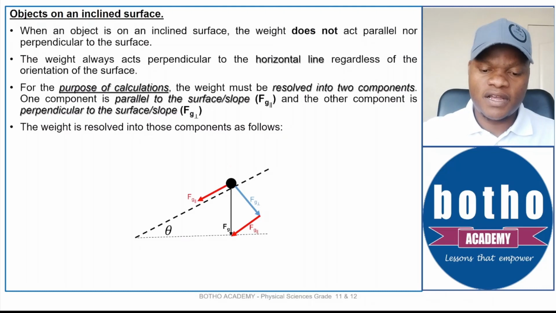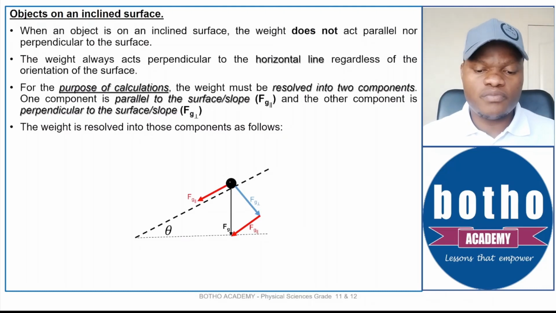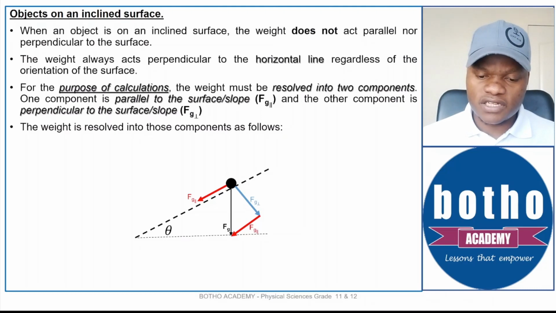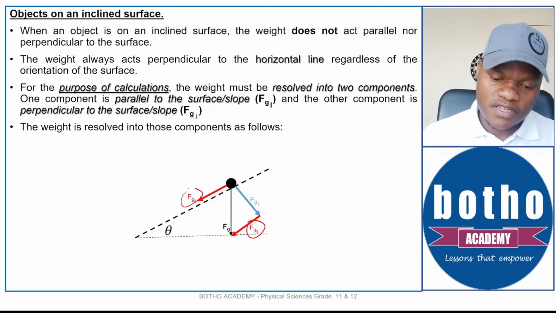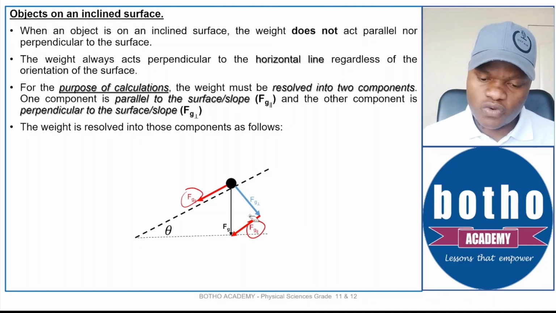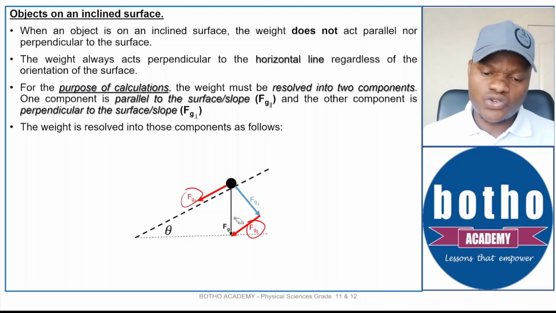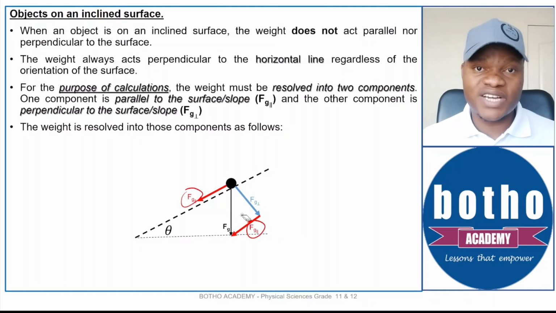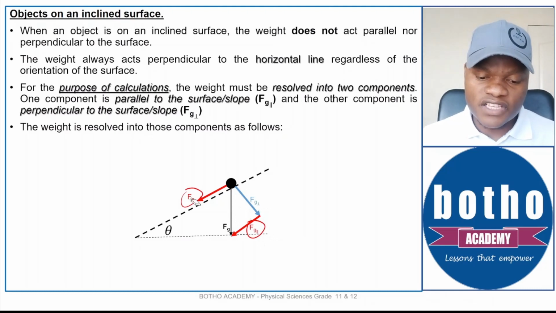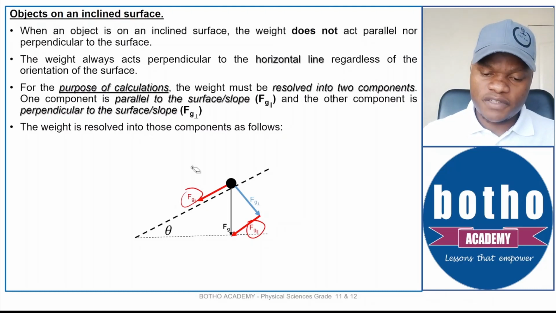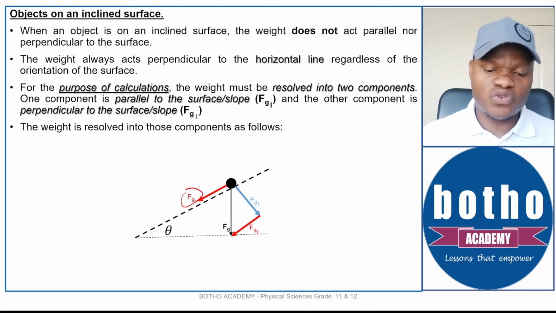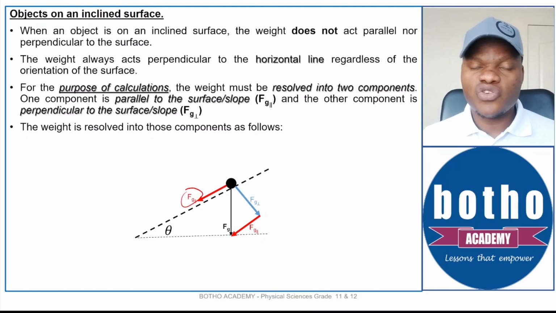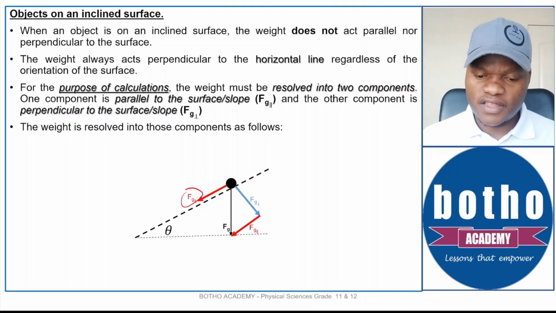That's your FG parallel, but now it's drawn starting from the origin, the object that the forces are acting on. This FG parallel is the same as that one. The reason we have this side is because we need the triangle to figure out how to calculate FG parallel. This type of drawing of FG parallel at the top is the one you are going to use a lot when dealing with Newton's laws and the relationships.